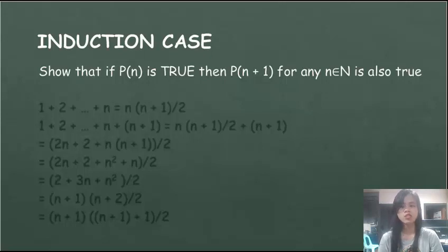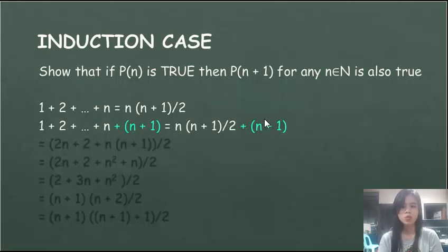In the induction case, let us show that if P of n is true, then P of n plus 1, for any number that is an element of natural numbers, is also true. So this is the original equation. We add n plus 1 to both sides of the equation.